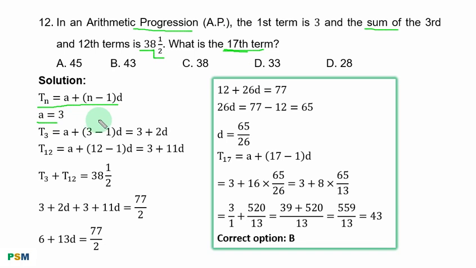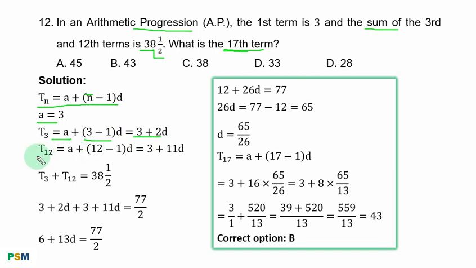We have the third term, that is T sub 3, equal to A plus, you replace N with 3 minus 1 in bracket times D. The first term is 3 plus 2, because 3 minus 1 is 2, times D. You have the third term to be 3 plus 2D.